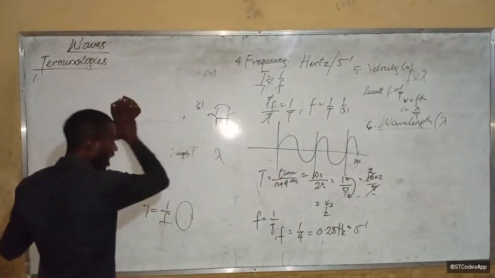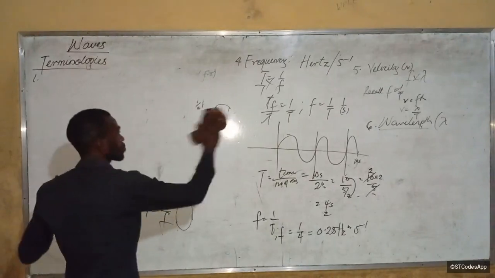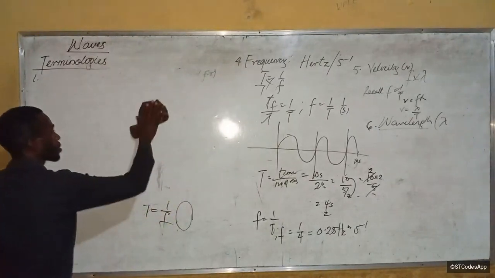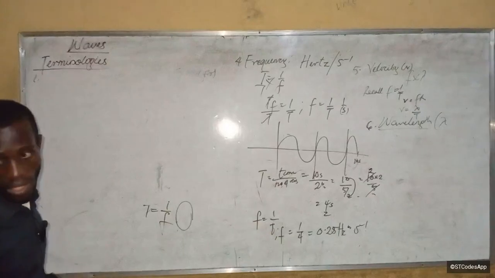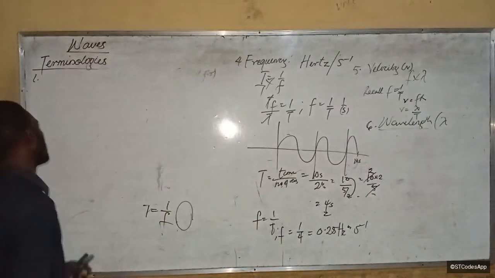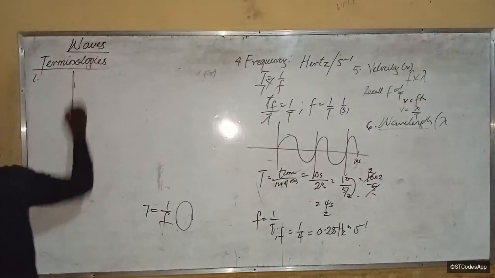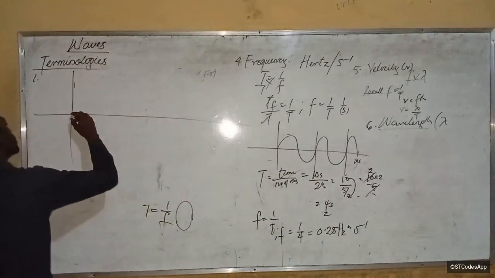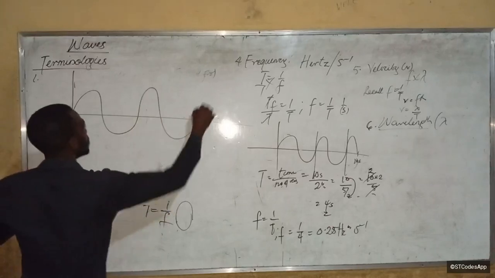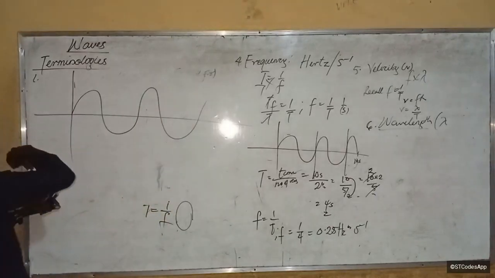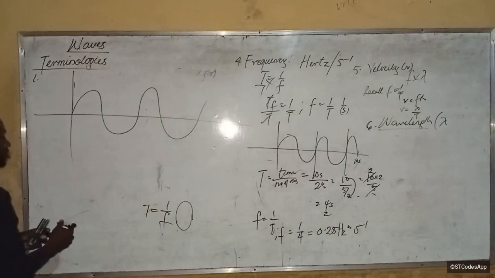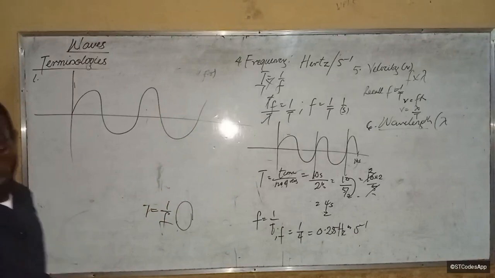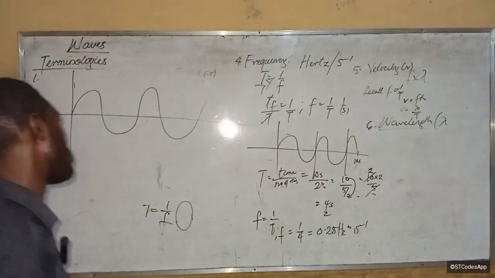And they are said to be out of phase if they have different distance from the minimum point of displacement.